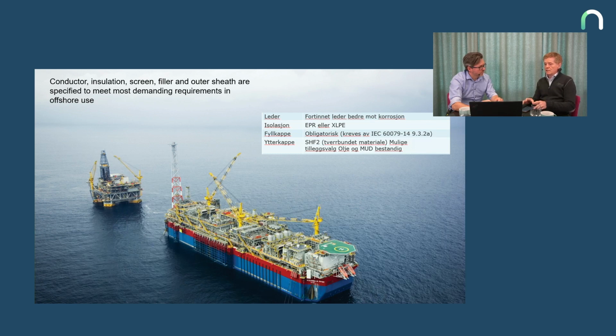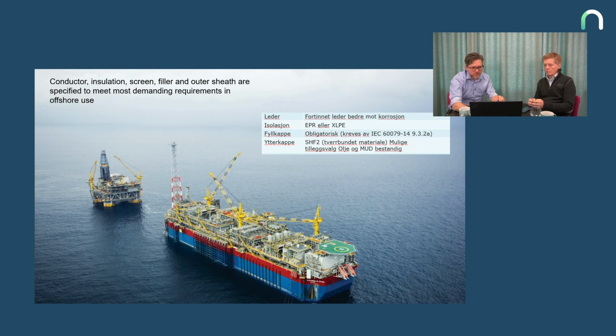And the outer sheath is also specified mostly with the SHF2 cross-linked outer sheath, with the option to have it oil resistant or even mud resistant or hydraulic oil resistant for really demanding applications.